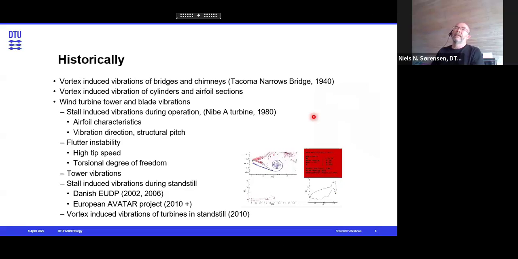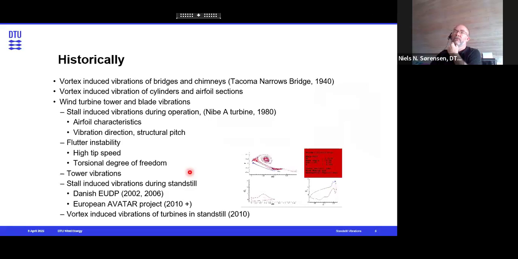Then later on in the late 90s, there was quite some research in flutter instability of turbines connected to high tip speeds and lowering torsional stiffness. Also, with the growing turbine size, tower vibration became a more and more widespread phenomenon. And I guess that was really no secret in the industry that we saw these things during erection of turbines.